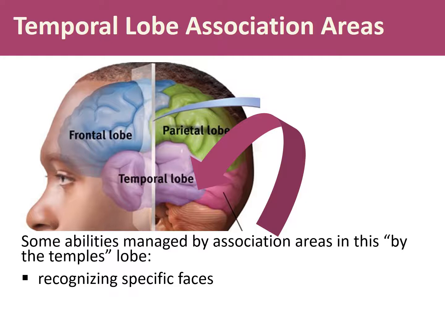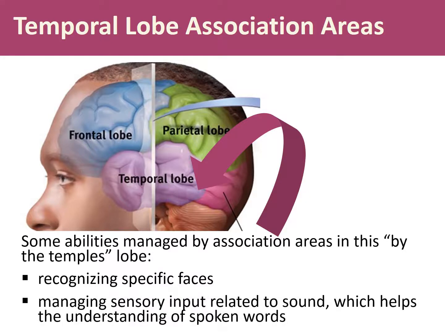It's an interesting read, and if you're interested in brain, which hopefully you are after these lectures, you could read about the struggles of people with prosopagnosia. Temporal lobe also helps manage sensory input related to sound, which helps with the understanding of spoken words.